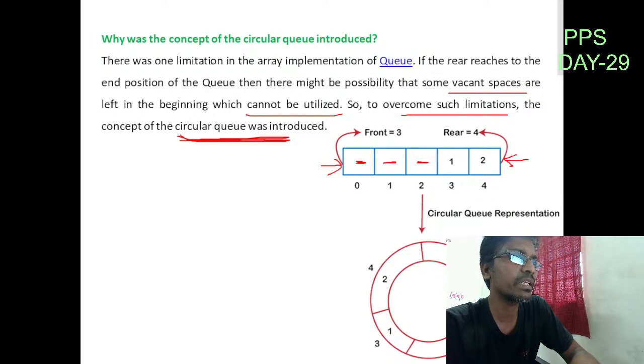Whereas in a linear queue, if there is a vacant position, you cannot utilize that space. That is a drawback of using a queue. To overcome this drawback, you have to introduce the circular queue.